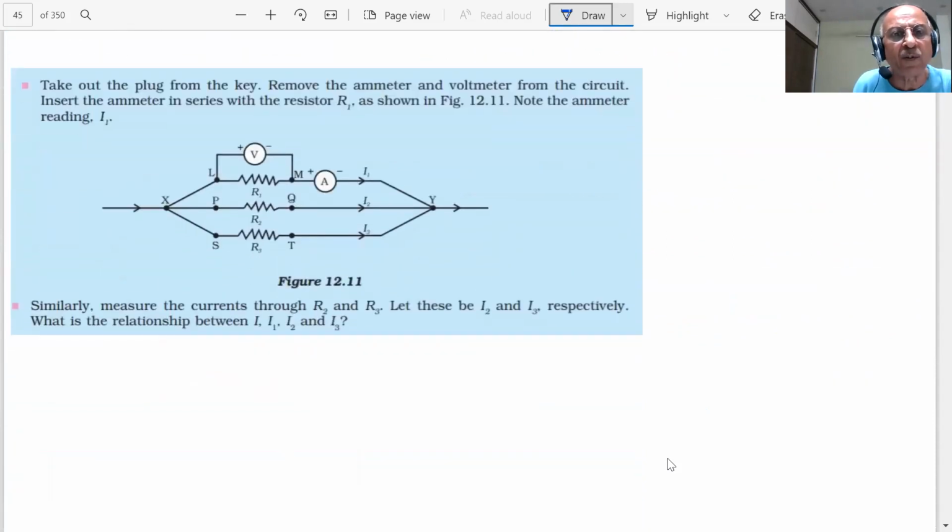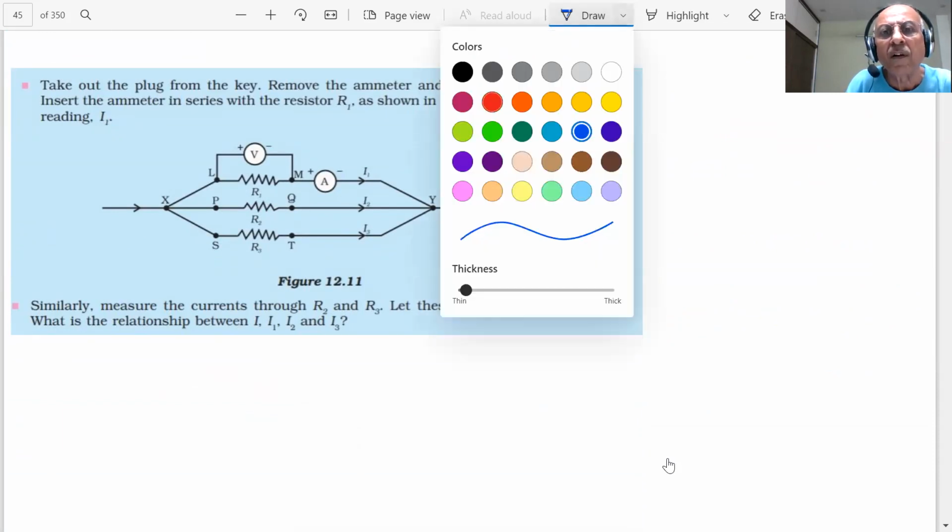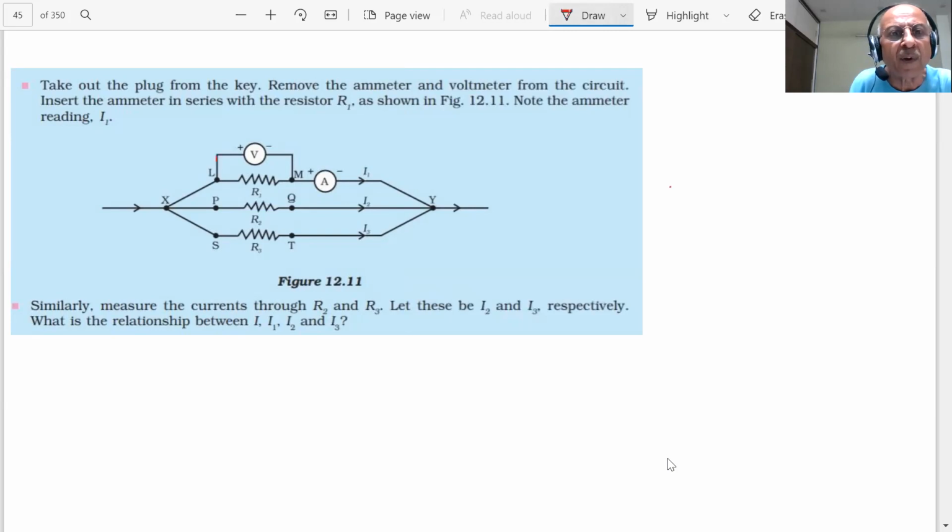If I want to note my potential difference across this, what will I take? The voltmeter, and join the voltmeter like this. If I join it like this, what will I get? If I join my voltmeter here, this will be the potential difference.